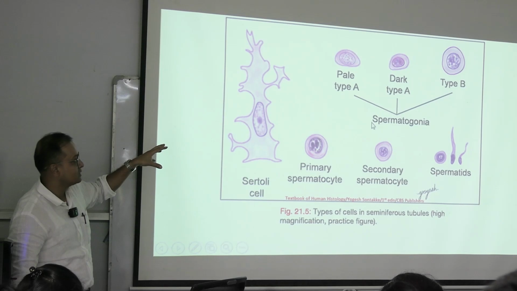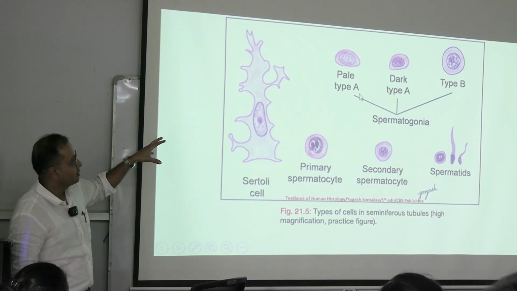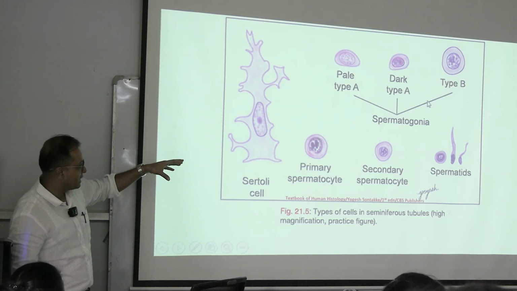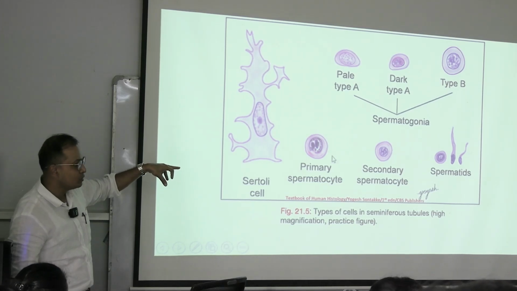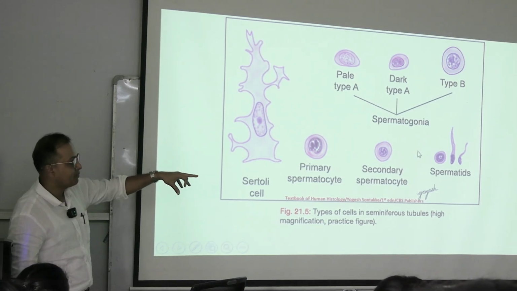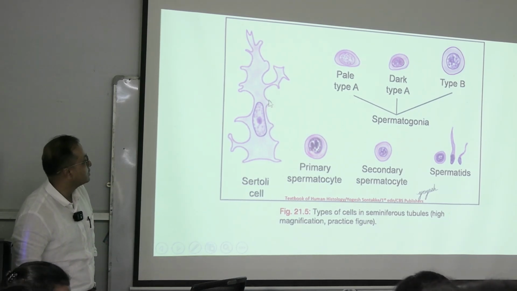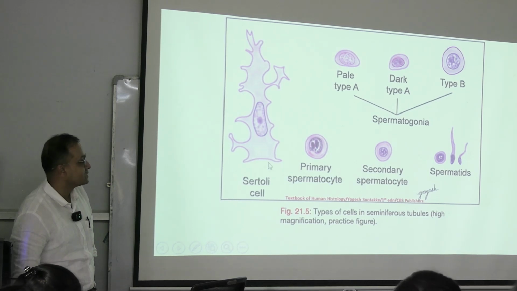In the male, we call the most primitive ones spermatogonia, type A and type B. These mature from spermatogonia to primary and secondary spermatocytes and finally to the spermatid. These are the maturing germ cells, and the supporting cells we call Sertoli cells.